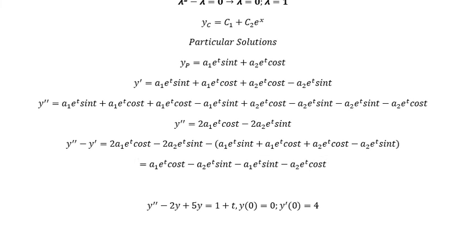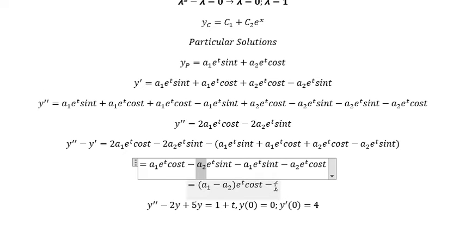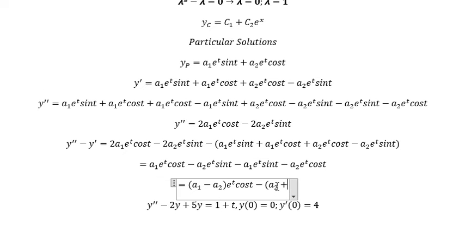Now we need to arrange based on the term of e to the power of t cosine t and et sine t. So you will got about, we have A1 minus A2 and we have negative A2 plus A1.